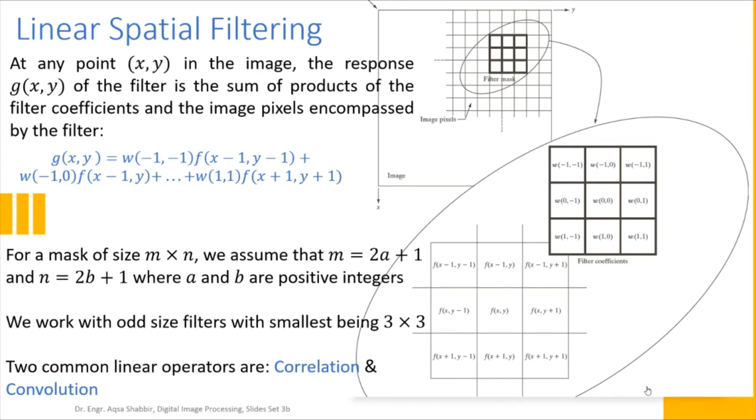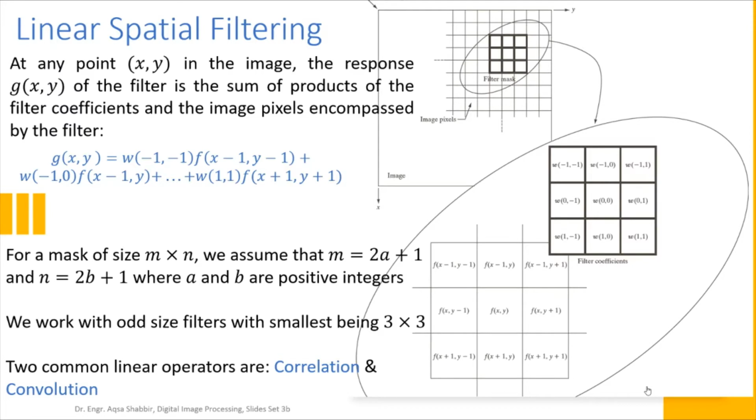This also tells us that we work with odd size filters, and the smallest size that we consider is a filter of size 3 by 3. Because if a equals 1 and b equals 1, in that case m is equal to 3 and n is equal to 3. Henceforth, the smallest size of a filter in our case is 3 by 3.